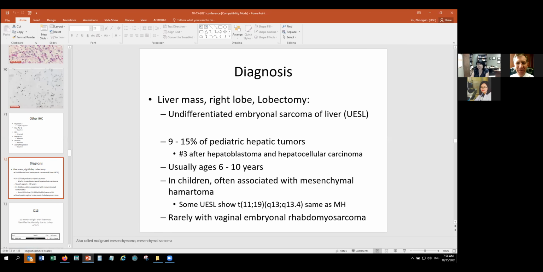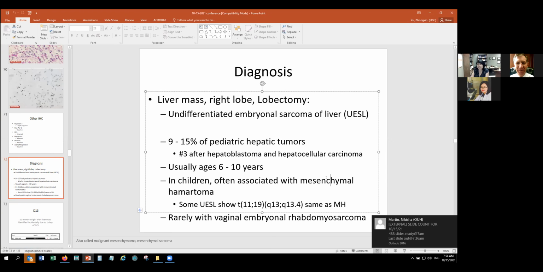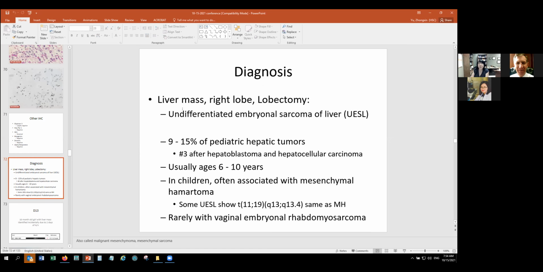The same gene change is seen in mesenchymal hamartoma and this tumor, so people think this is the benign version and this is the malignant version. They are all mesenchymal. Rarely you can see association with vaginal embryonal rhabdomyosarcoma, not in this case. So remember the clinical history, there's no increased AFP, alpha-fetoprotein.